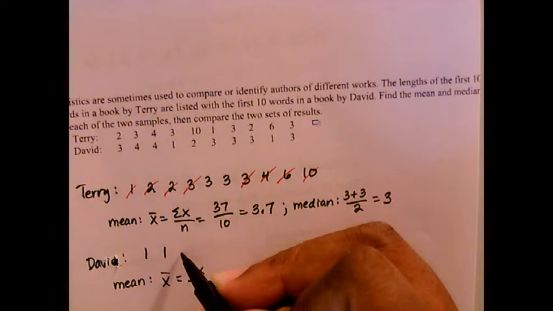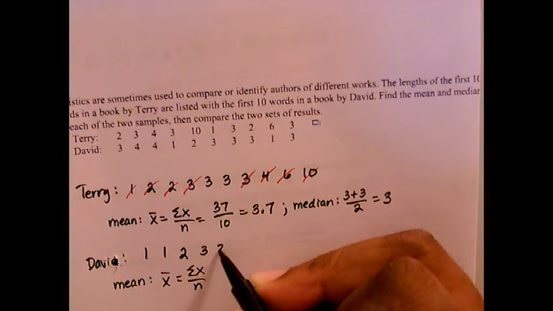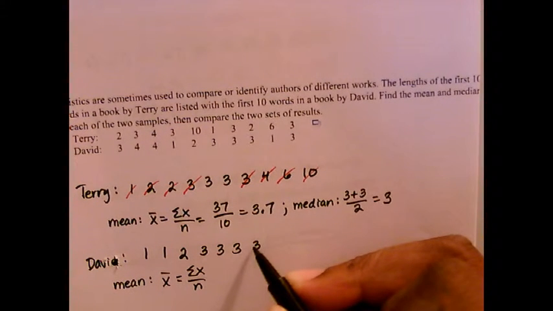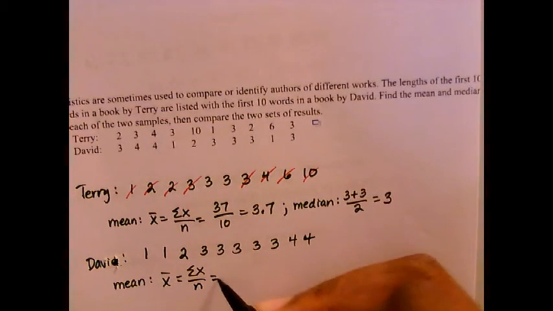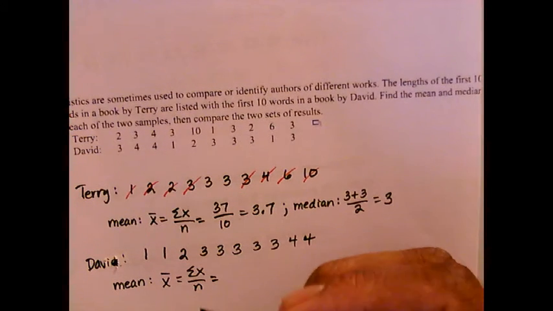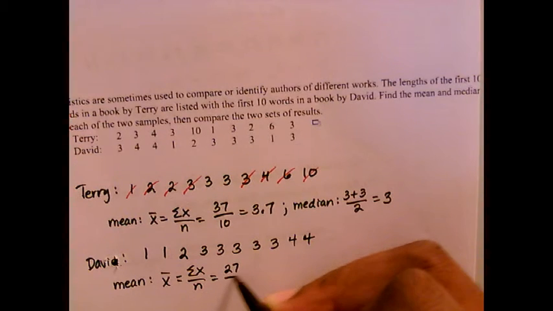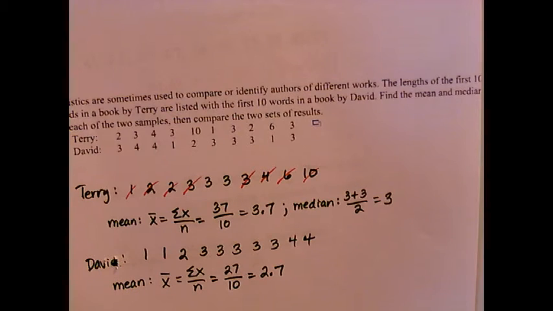So we have 1 and a 1, 2, and we got 5 3s, and 2 4s. So that's his sorted data. Okay? That's the length of the first 10 words in a book by David. Now, add these numbers up, you'll get 27. There are 10 data values, so 27 divided by 10 would be 2.7. So the mean there would be 2.7.